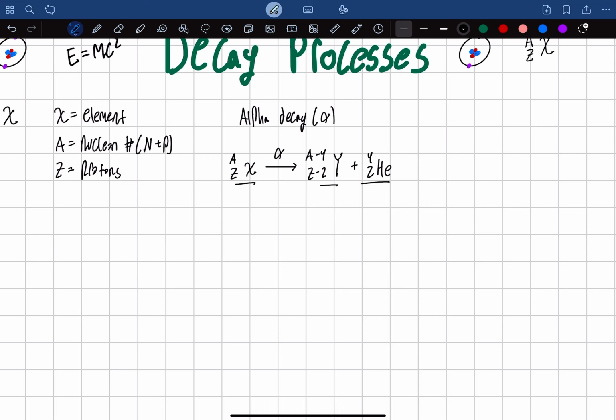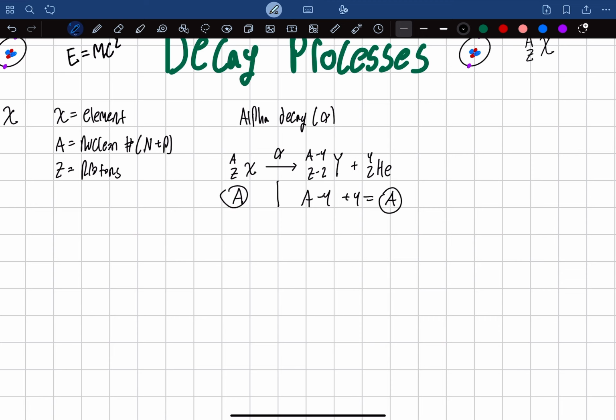So this is the alpha particle, and it's important to talk about the conservation of nucleon number. The nucleon number up here is A, and if you look on the other side, the product side, you have A minus 4 plus 4, which is also equal to A. So it is conserved.